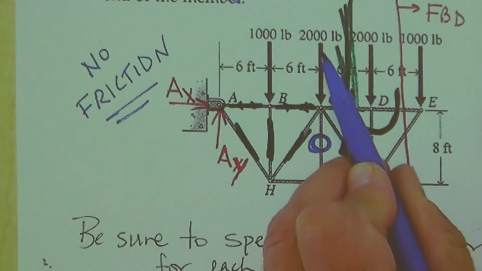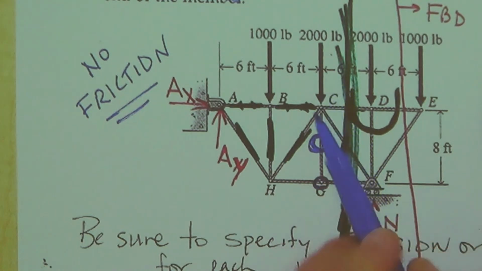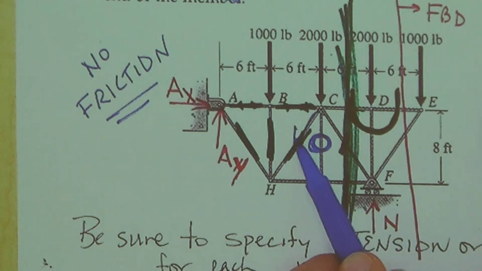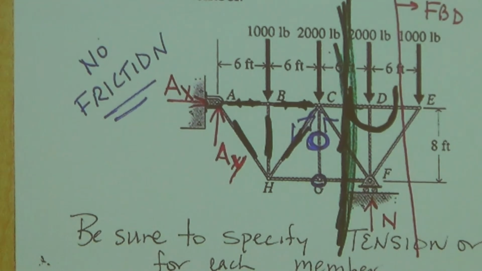I do not look at the 2,000 pound one, because the 2,000 pound here is transmitted directly through here, and that middle one doesn't take that. So it has to be on the joint itself? You have to look, the rules apply specifically to the joint. Don't let your eyes wander to other joints, stick with that joint. So what's the purpose of CG then? It's a stiffener. There is some load that it's taking, but it's very, very small because there's weights on each of the members, but otherwise we can just remove it.